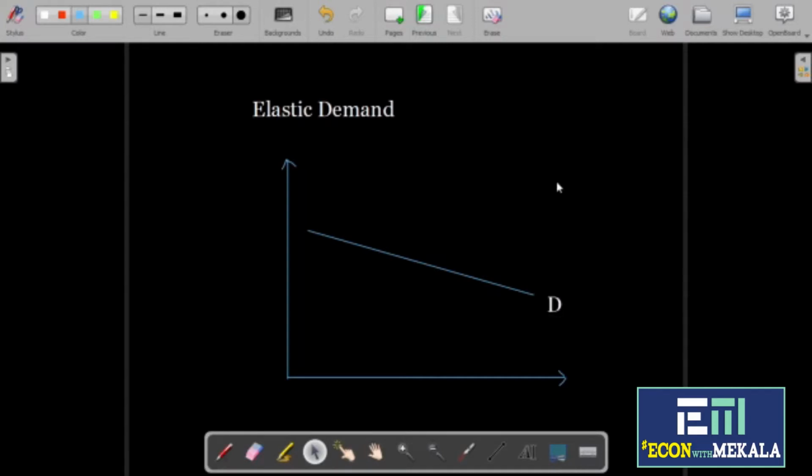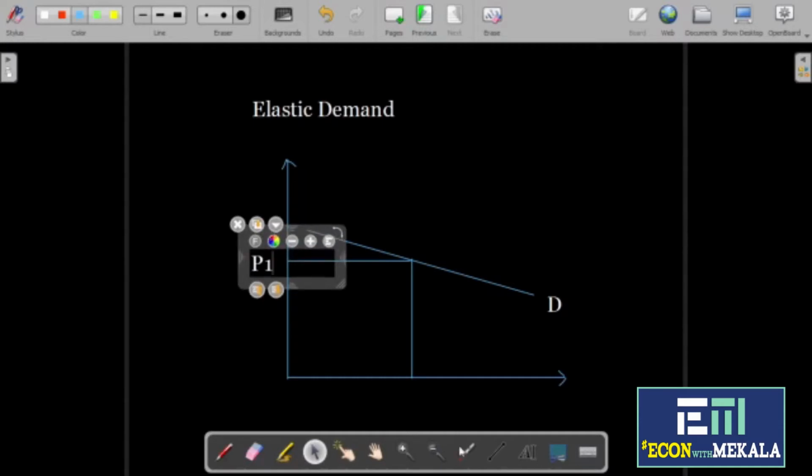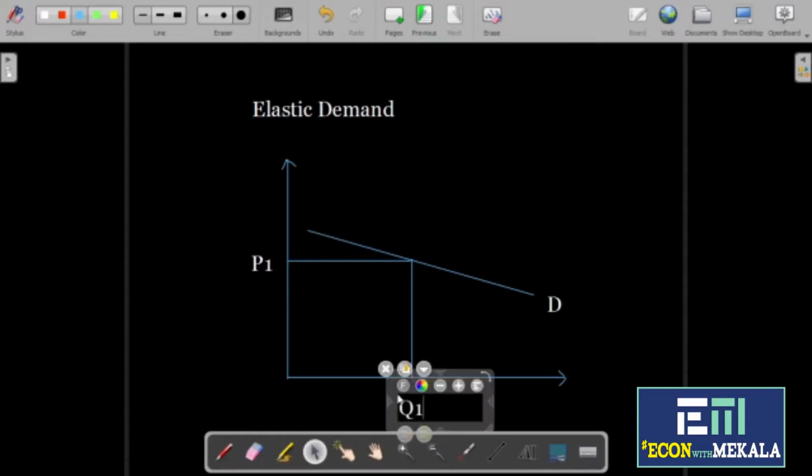Now, for us to understand percentage change in price and percentage change in quantity, I'm going to pick two different prices, and according to those prices, I'm going to identify the quantities we'll receive. Let's start with P1. This is my P1 price. For the price of P1, quantity demanded was Q1.